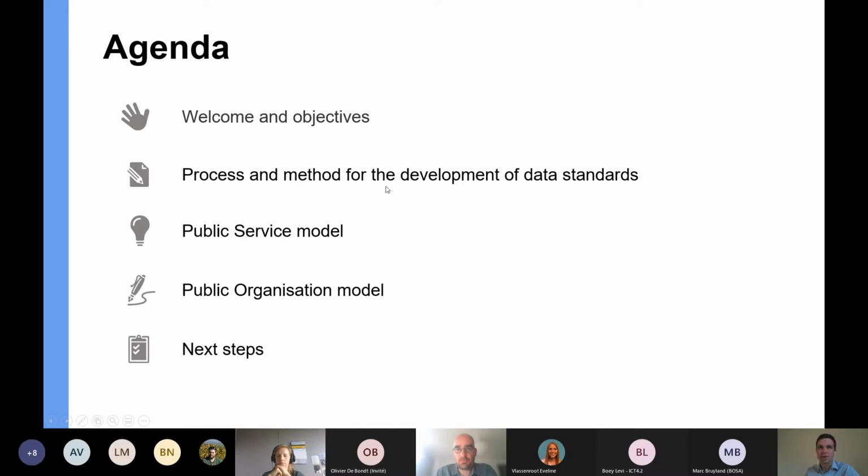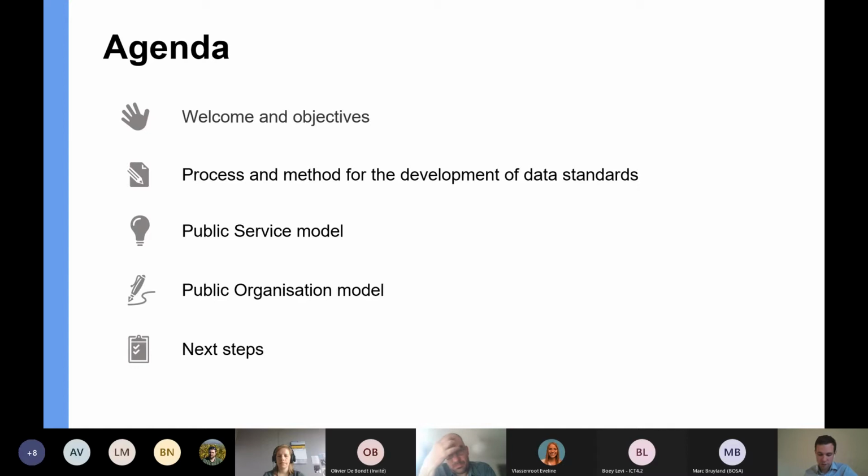The agenda for today is to remind a bit of the objectives and the process and methodology we are using as part of developing those data standards, and then we'll really dive into a first working proposition that we prepared for the public service model and the public organization model.